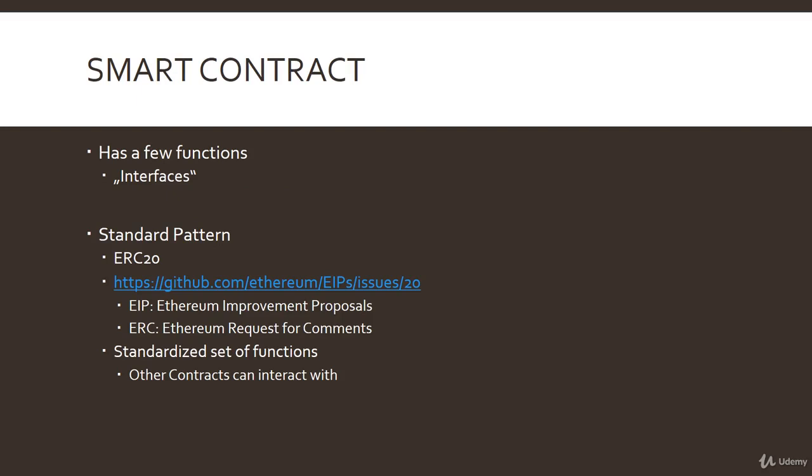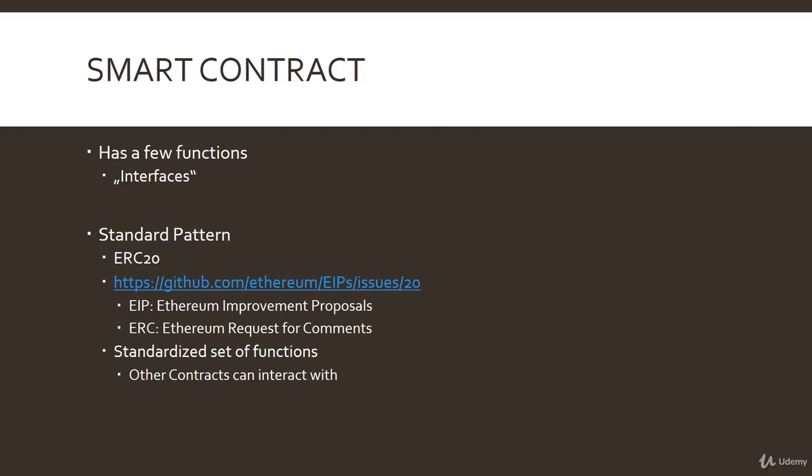The smart contract has a few functions, or we call them interfaces. Right now, there is one standard pattern that stands out. This is the ERC20 pattern. They also talk about the ERC20 token contract. The ERC20 contract comes out of an Ethereum request for comments proposal. So there is a repository in the Ethereum GitHub repository, a project that is specifically here for Ethereum improvement proposals.